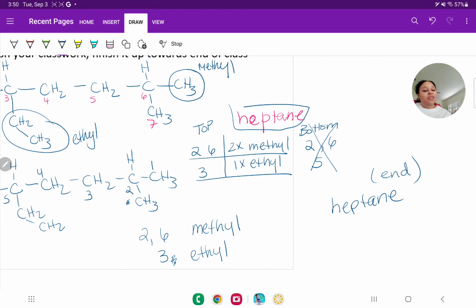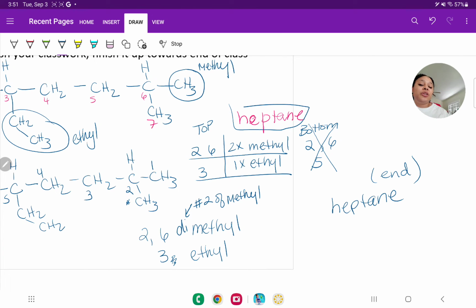I know it sounds redundant that you have to say both, but you put "di" to represent the number being 2. If it were 3, it would be "tri." If it's 4, it's "tetra," and then we kind of stop after that. There's a bunch of other stuff, but we kind of stop at tetra.